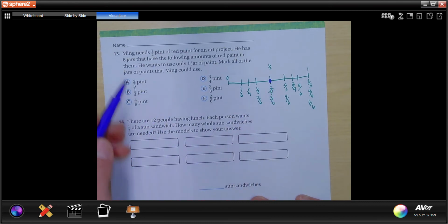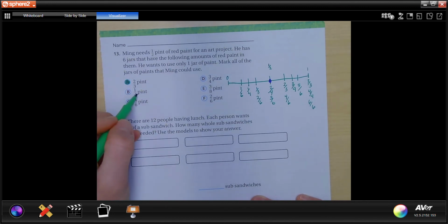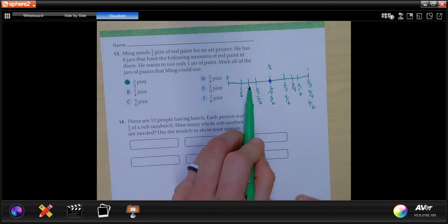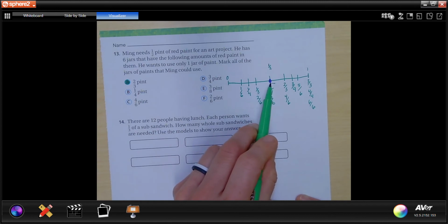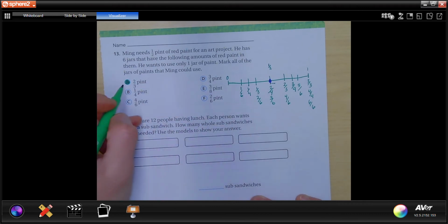He does. So 2/3 is correct. B, 1/4. Well, he needs at least a half. Is 1/4 enough? No, that's less than what he needs. So 1/4 is not correct.